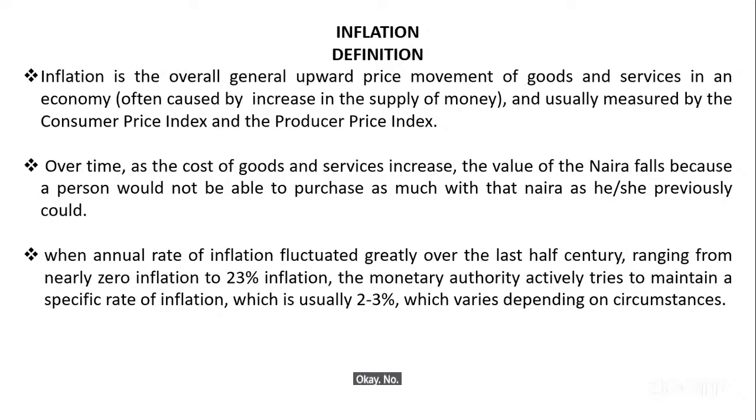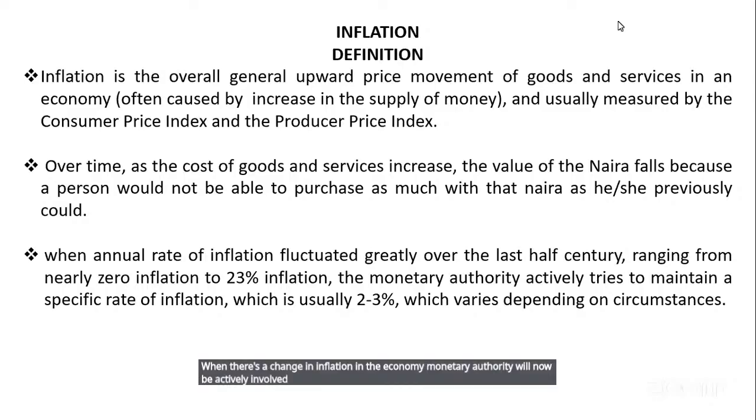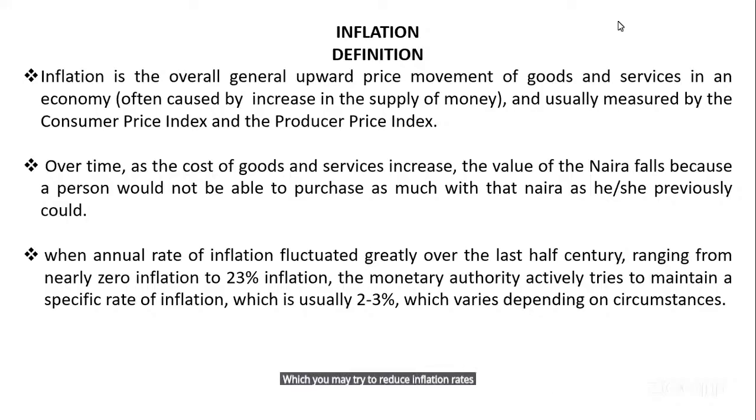When the annual rate of inflation begins to fluctuate continuously, it can move from nearly zero inflation to 2.3% inflation. When there are changes in inflation in the economy, the monetary authority will be actively involved in order to maintain or reduce inflation rates, which they may try to keep between 2 to 3%.